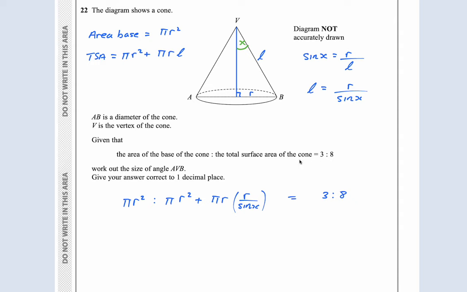It tells us that. Now the reason I like to see this, that I've now got my L in terms of r, is I've got pi r squared here, and pi r squared here, and pi r squared here, which I can cancel. So let's just show you what I mean. Pi r squared to pi r squared plus pi r squared over sine X. That's when I just multiply this by this. This equals 3 to 8.